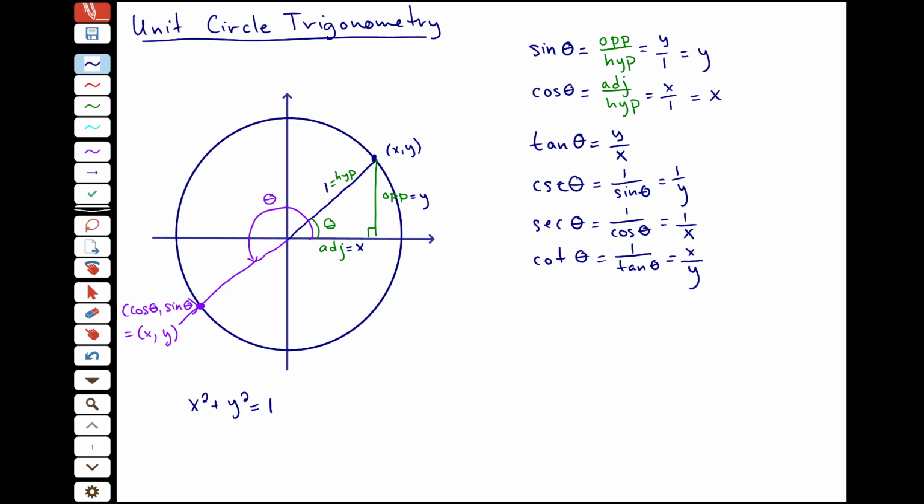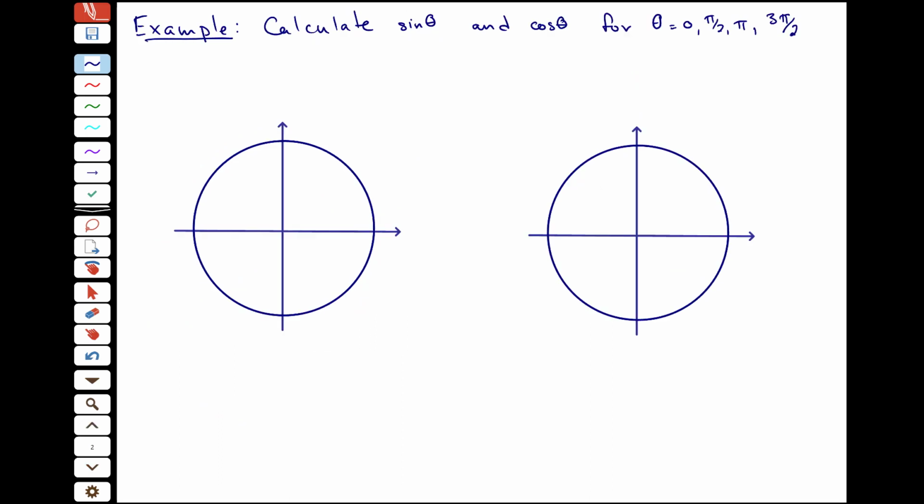So let's see how this works in terms of calculating sine, cosine, etc. of an arbitrary point that is on the unit circle. So for example, we're going to calculate sine and cosine for angles of 0, pi over 2, pi, and 3 pi over 2. So if we look at an angle of 0, we know that we are right over here on the positive x-axis, and so the point that we get that's on the unit circle is the point (1, 0).